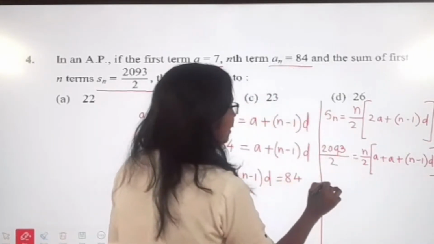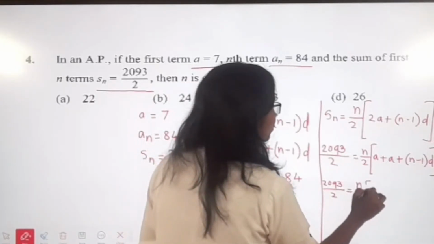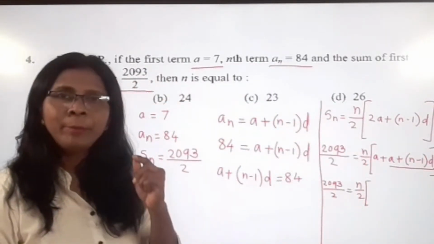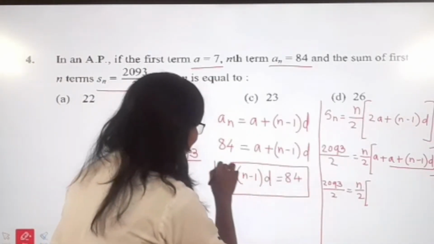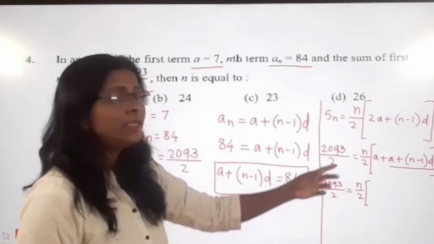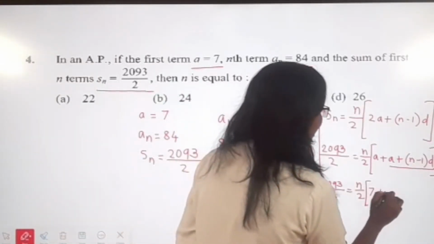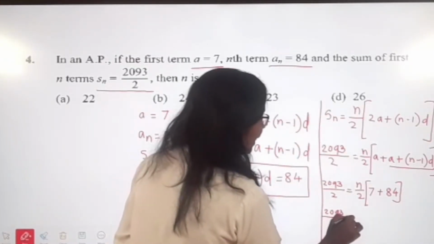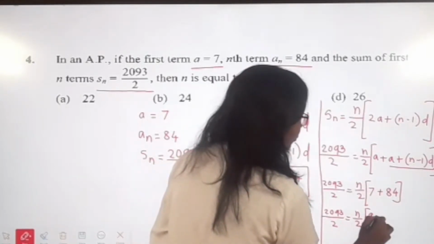Okay students, so 2093 divided by 2 is equal to n upon 2 in the bracket a plus n minus 1 d. Now a plus n minus 1 d means, students, the value 84. We place 84 here, but we also have the value of a, which is 7, so 84 plus 7. So 2093 upon 2 is equal to n upon 2 in the bracket 84 plus 7, which is equal to 91.